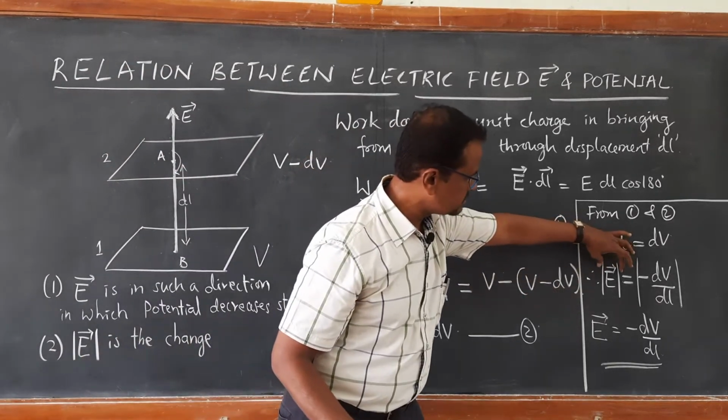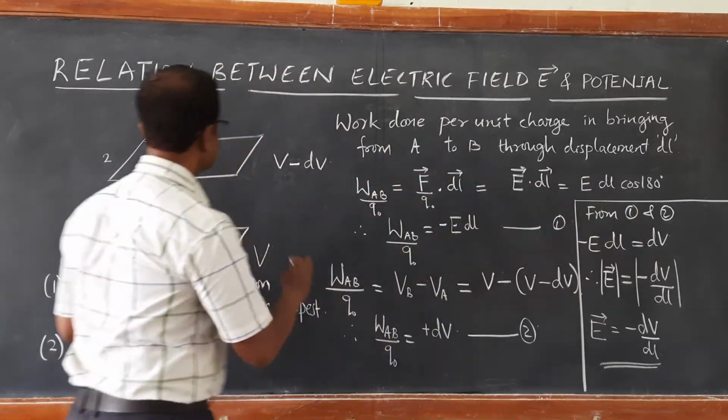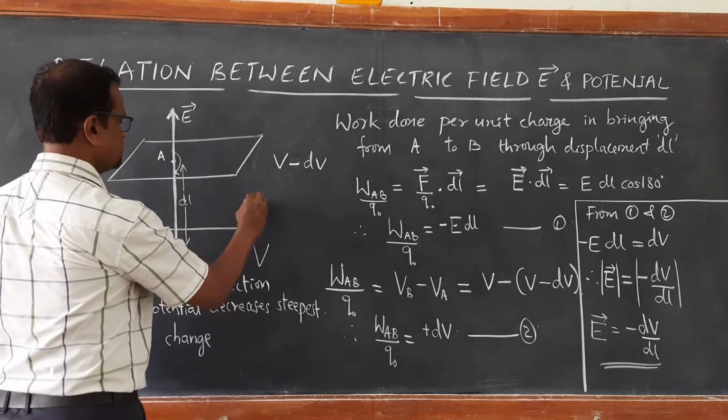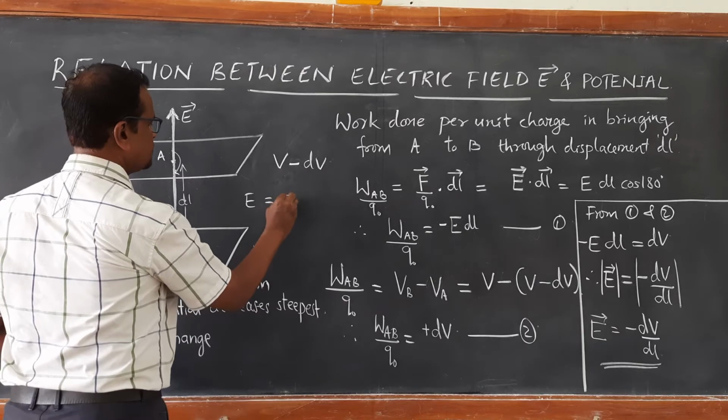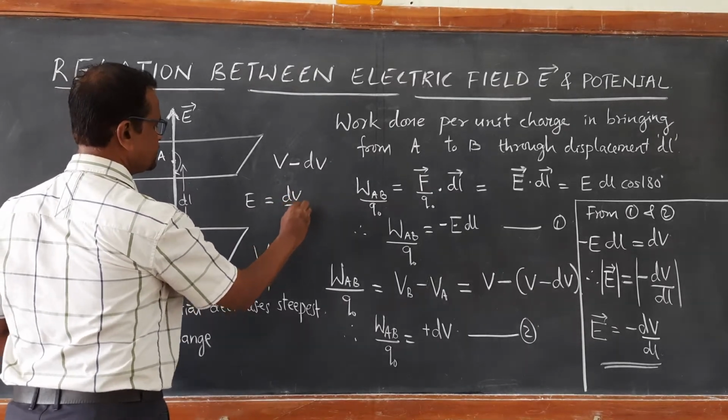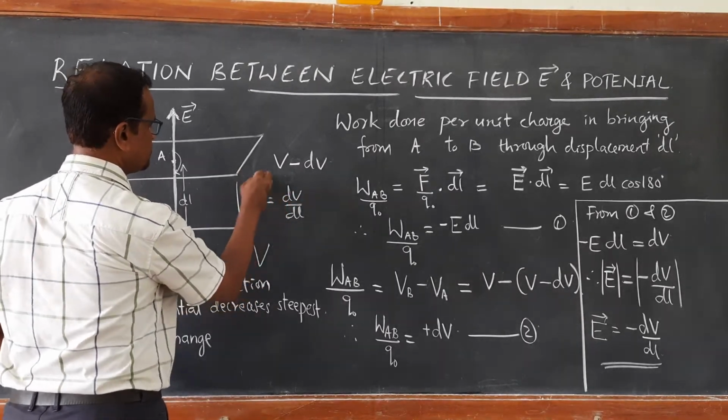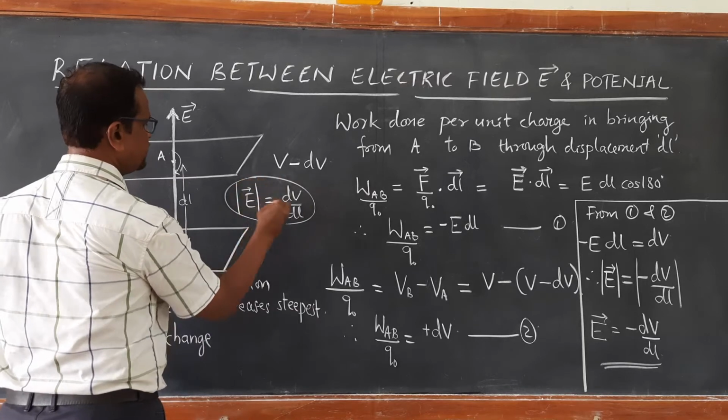If you take a modulus, it will become dV by dl. So finally we can write magnitude of electric field as plus dV by dl.